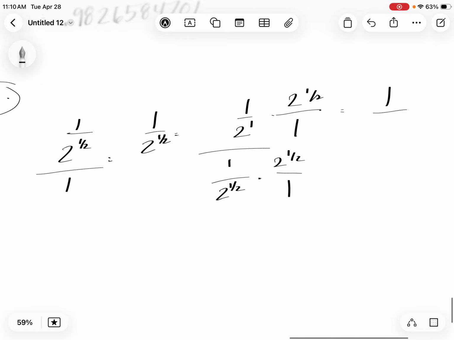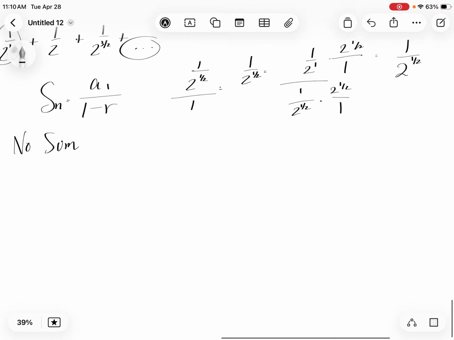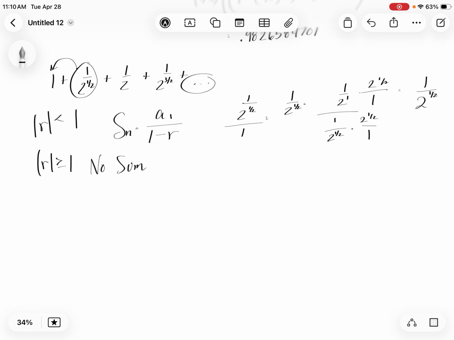The bottom does by a half. So are they the same? Yeah. Now, is 1 divided by 2 to the half less than 1? It is. It's 0.707 something. So we can continue. If it wasn't, then we would be done.